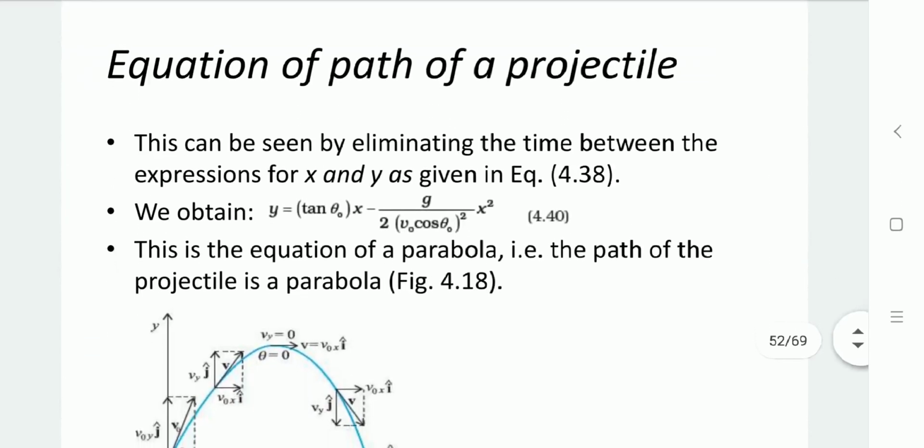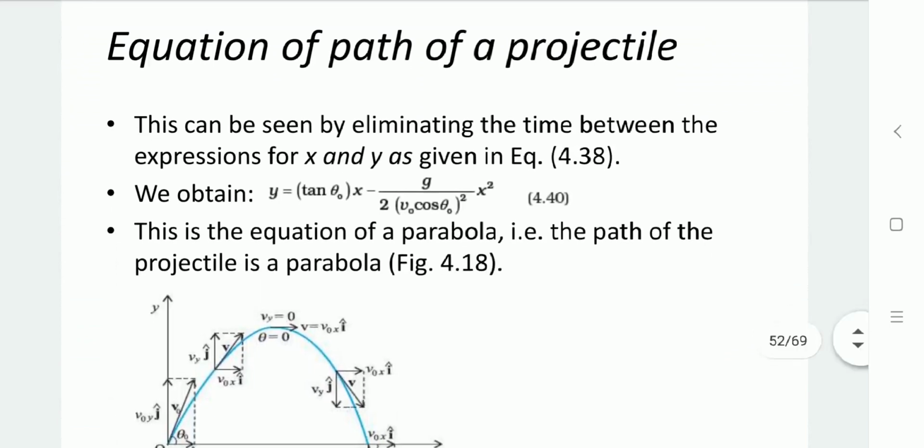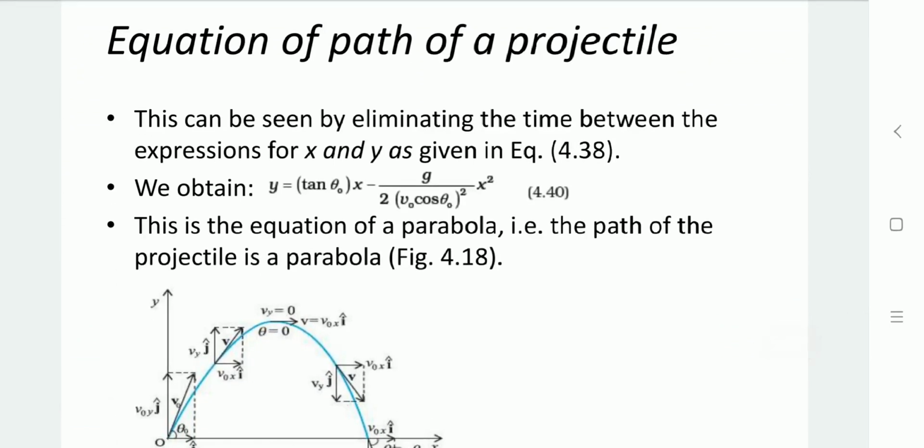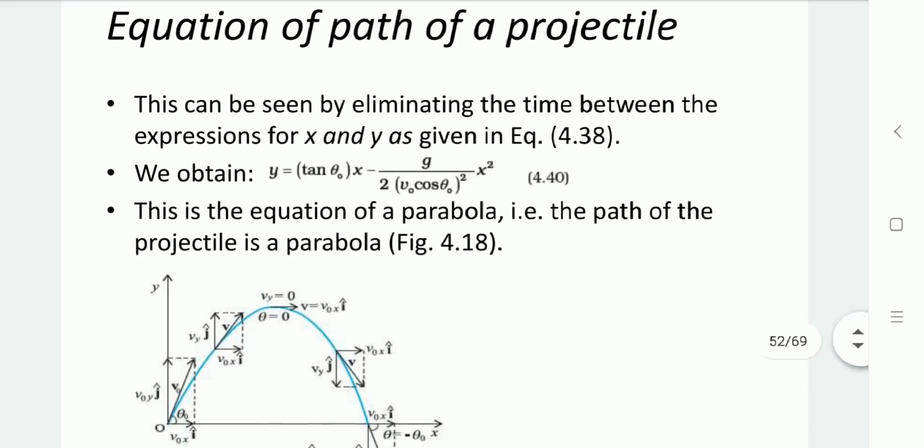Now let us determine the equation of the path of a projectile. We have the x and y expressions. The y component is y equals tan theta 0 x minus g upon 2 times (v0 cos theta 0) whole squared, times x squared. We obtained this equation from the position and velocity components using equation 4.38.